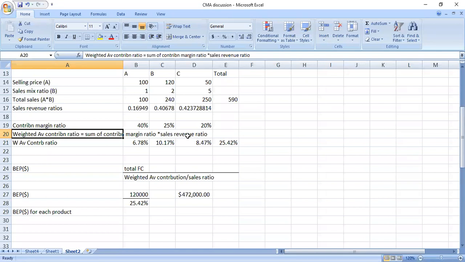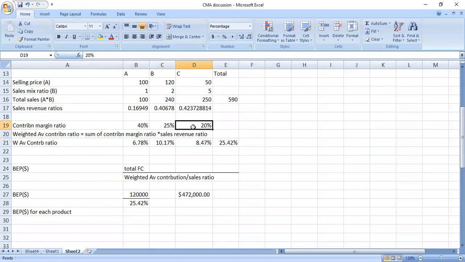So you need first of all to obtain the contribution margin ratio and also the sales revenue ratio for each. The contribution margin ratio was given in the question: 40% for A, 25% for B, and 20% for C. So the task was now to obtain the sales revenue ratio.